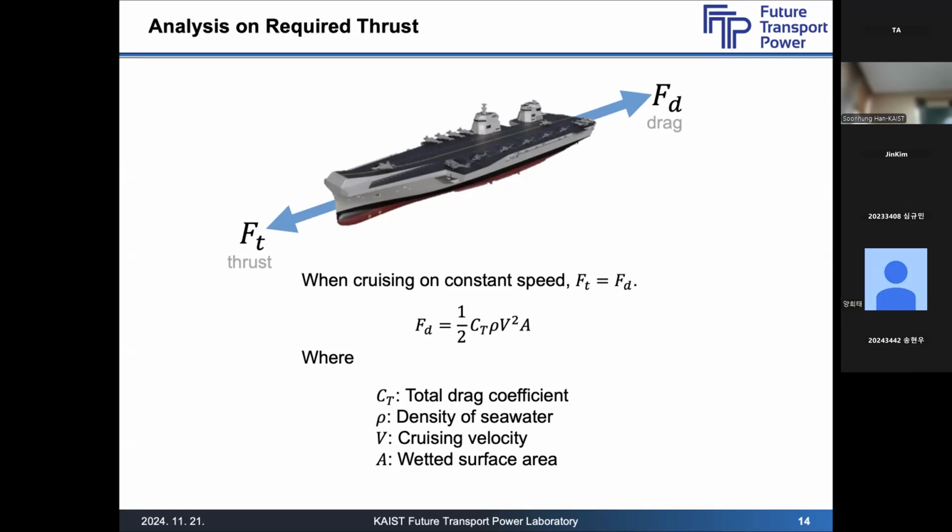And the drag force we can compute using this equation right here, where C_T is the total drag coefficient, rho is the density of water, v is the cruising velocity, and A is the wetted surface area. Unlike airplanes, for ships we use the wetted surface area as the drag coefficient's reference.